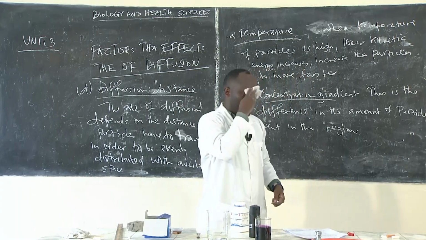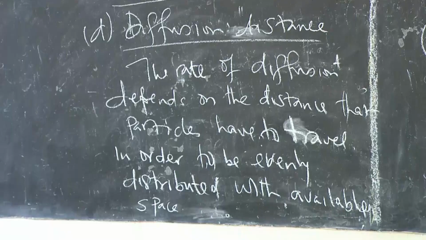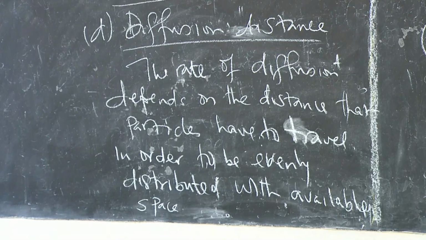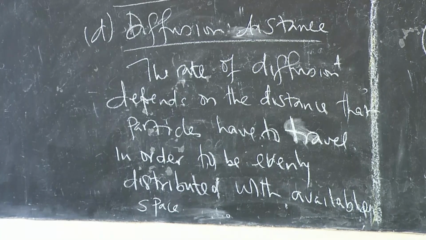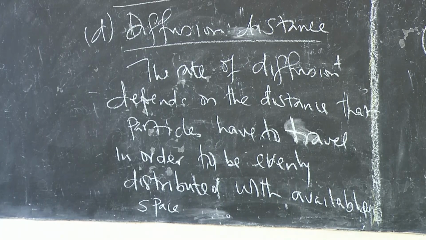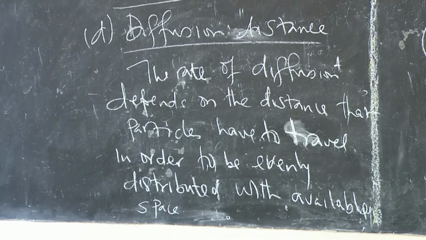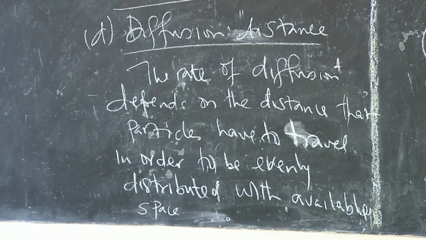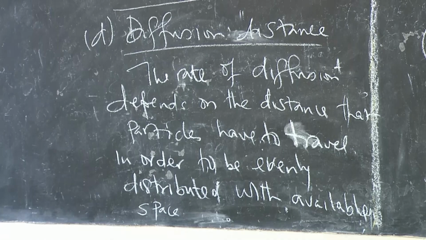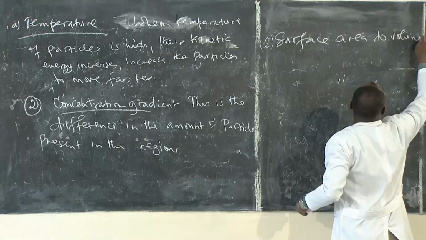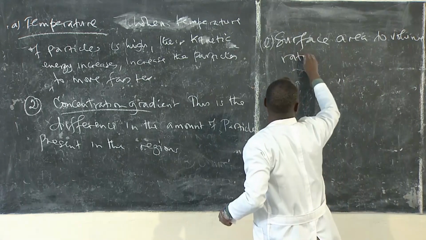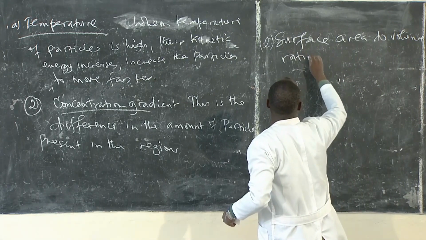Another one, I'm going to talk about the surface area, which is the last one among the factors which affect the rate of diffusion. It is the surface area to volume ratio, that is E. If I say surface area to volume ratio, what does it mean?